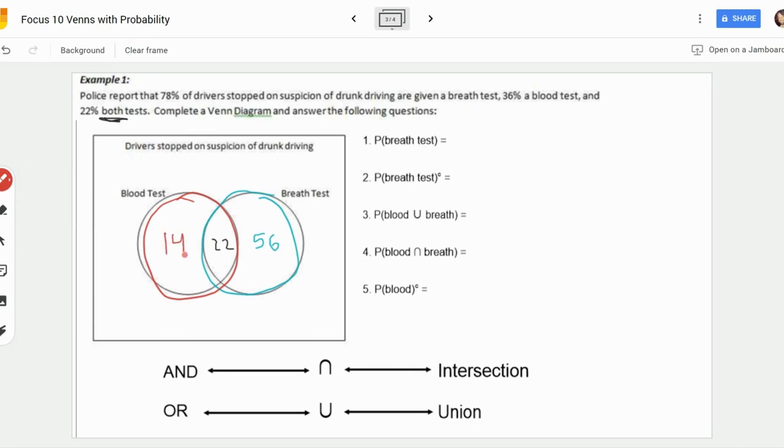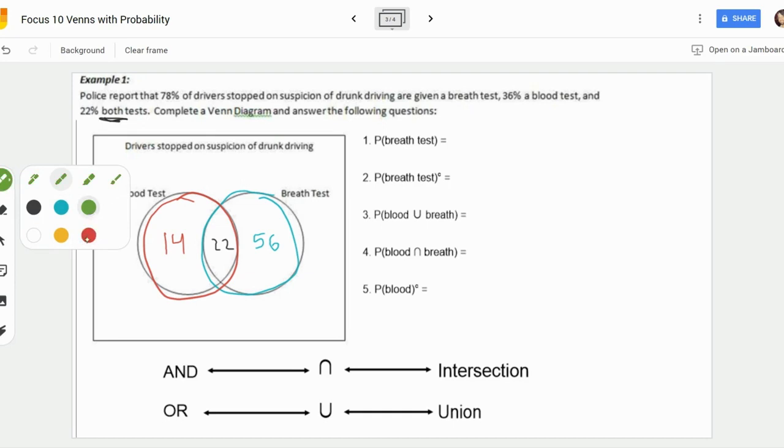I'm just subtracting to see what's in the other region. Each number represents its specific closed-off region. So 56 and 22 is 78, plus another 14 is 92, and so anything involving these circles is 92.